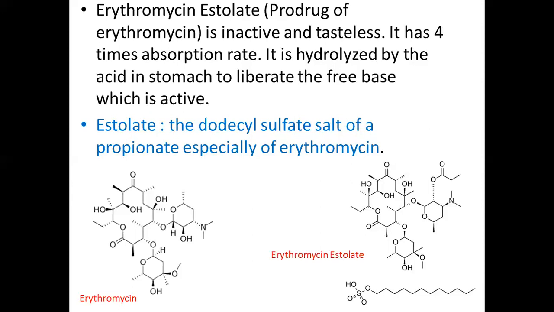The estolate definition is the lauryl sulfate salt of the propionate ester, specifically of erythromycin. Here on the left side is the overall structure of simple erythromycin, which is the base, whereas on the right side is erythromycin estolate, in combination with lauryl sulfate, which is the estolate. Therefore in this case it is the prodrug formulation, and the absorption rate is enhanced.